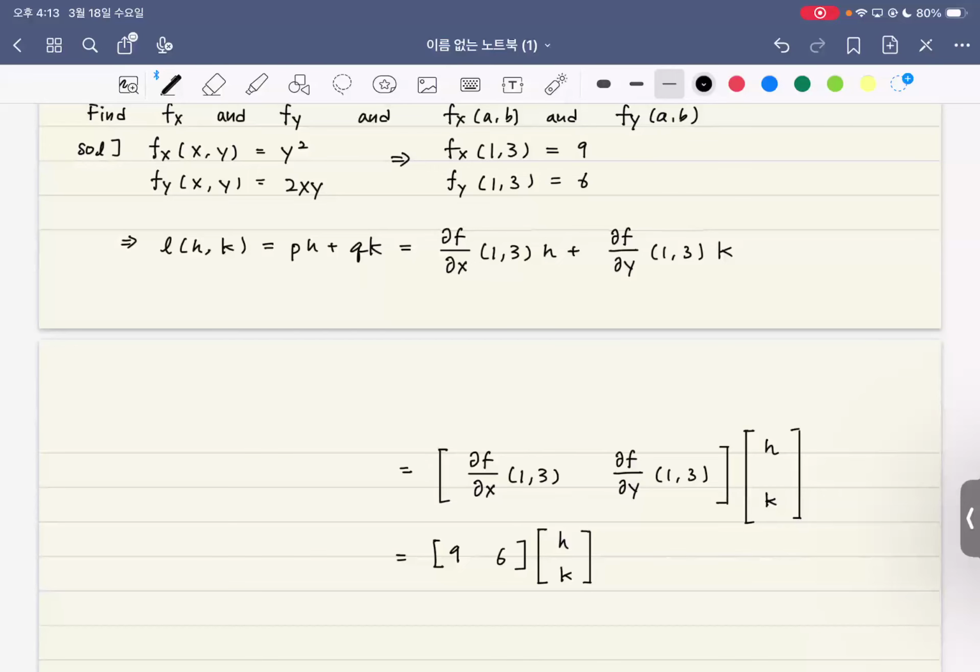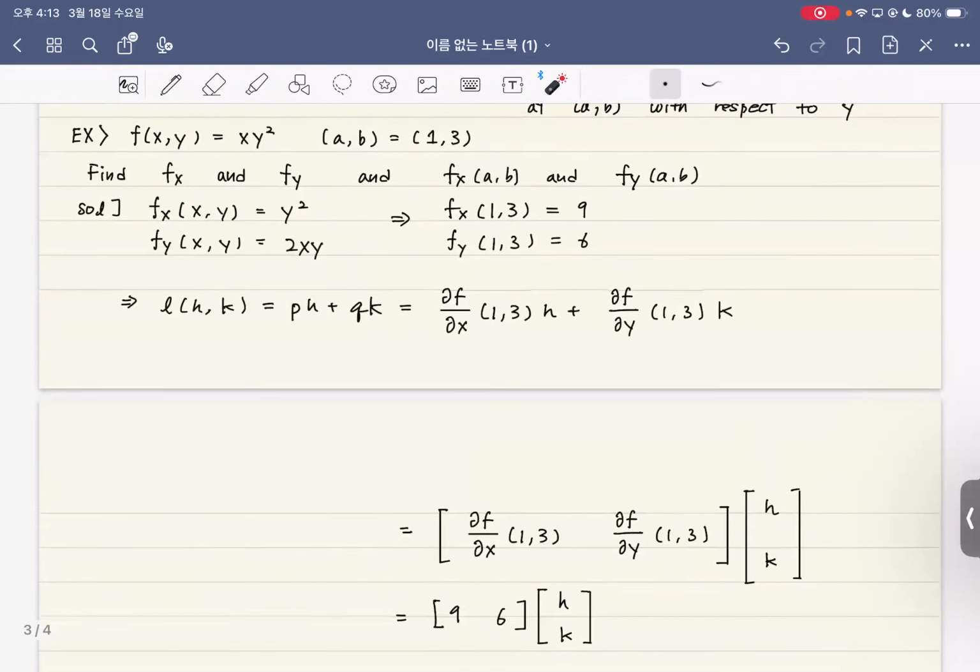Well, this is a very easy computation. If you do the differentiation from calculus, then you can easily find the function L(h, k) by using the partial derivatives. All right.